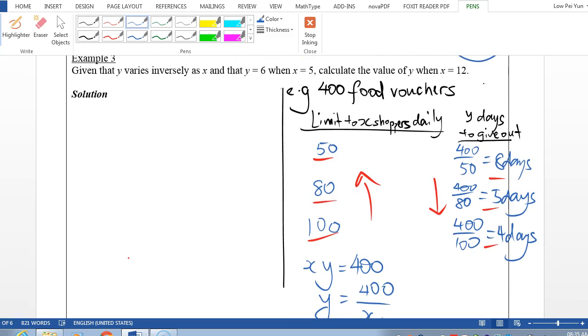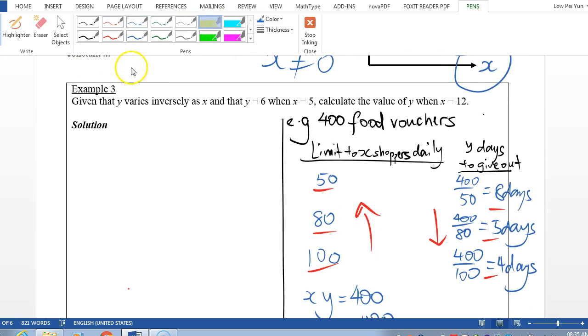So here we go, example 3. We are looking at this phrase. Given that y varies inversely as x, we can quickly translate this phrase to y is equals to k over x. This is the meaning of y varies inversely as x, and mathematically we can write this.